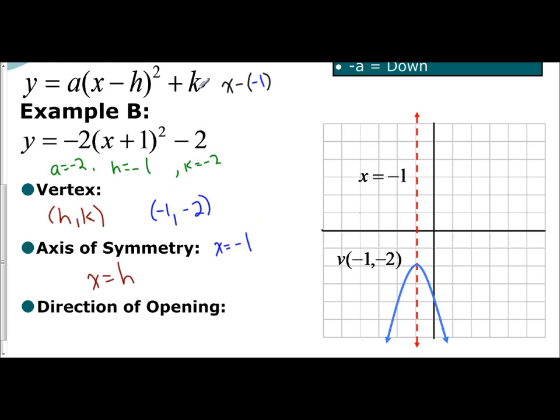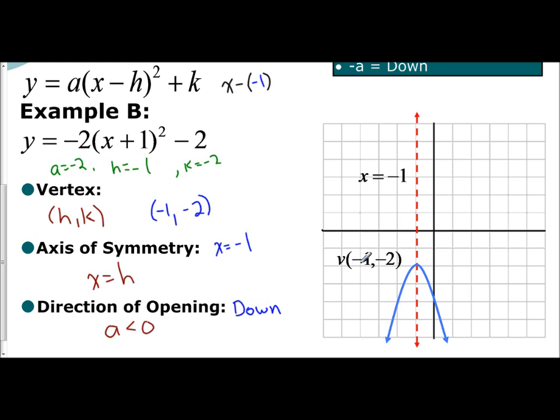The direction of the graph: if a is positive, it's opening up. If a is negative, less than 0, it's going to be opening down. Since a is negative 2, the graph is opening down. Now I have all my information about the graph just from having it in vertex form. You can take a look: your axis of symmetry is x equals -1.